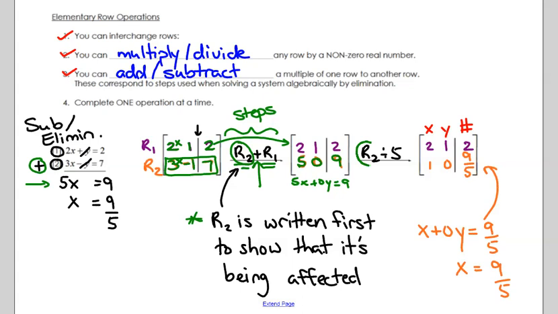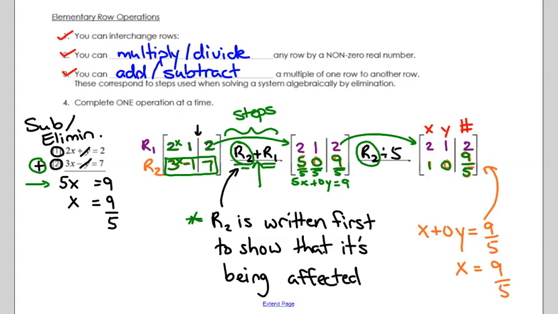I'm starting with R2, which means it's the line that's changing. So notice that line 1 does not change. I'm just going to divide everything by 5. I divide this by 5 and get a 1. Divide this by 5, get a 0. Divide this by 5, and I'm going to get 9/5.